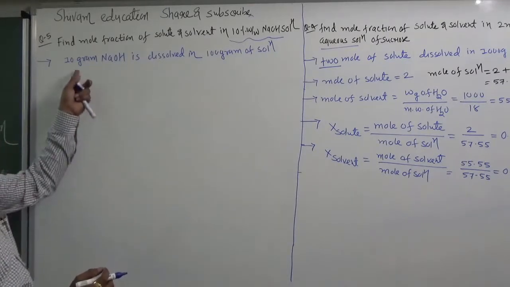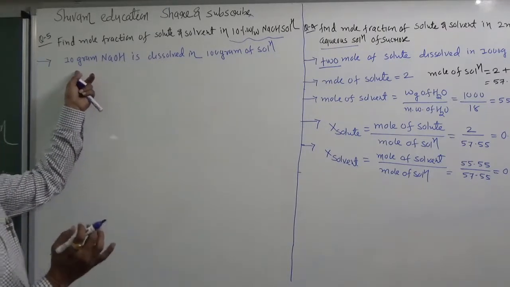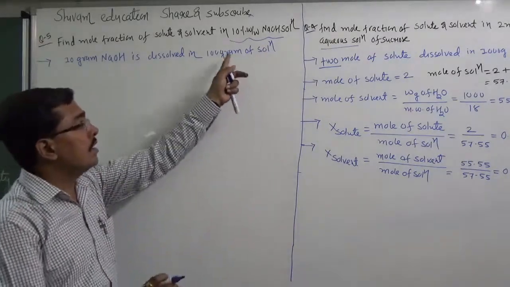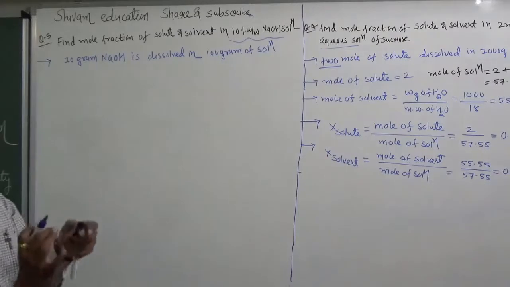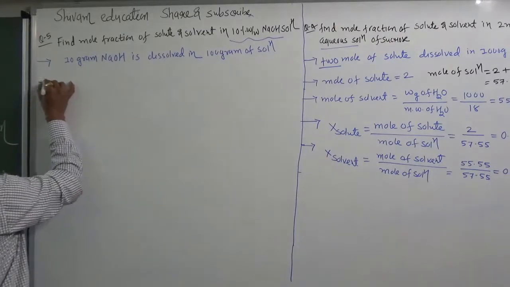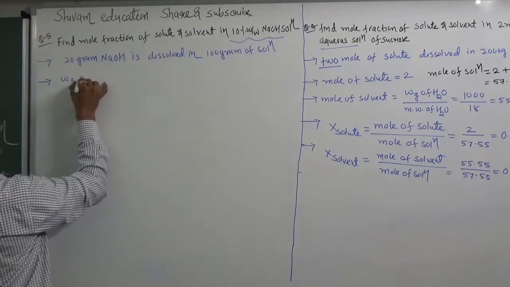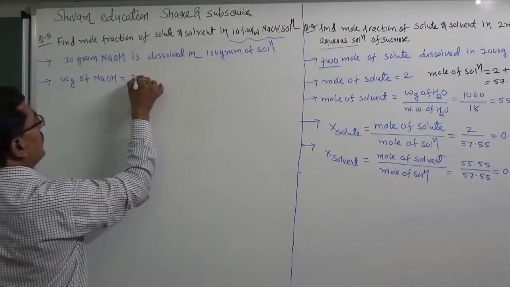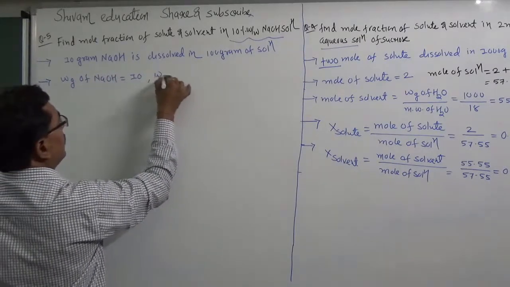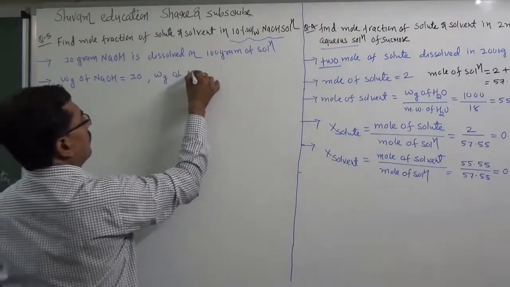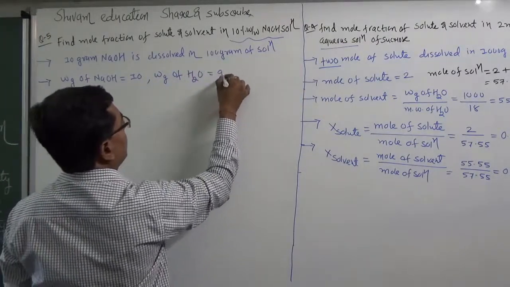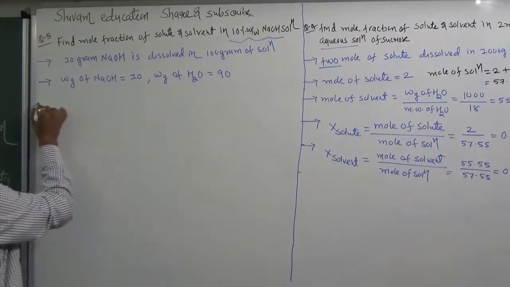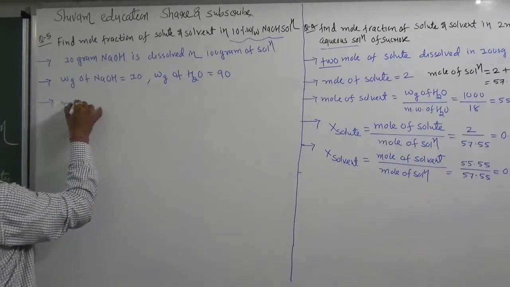Weight in gram of solute will be 10, weight in gram of solution is 100. So weight in gram of solvent will be 100 minus 10, you will get 90. So now I can write here, weight in gram of NaOH will be 10, and similarly weight in gram of water will be 90. Now if you know both these things, then you can calculate mole of both components.